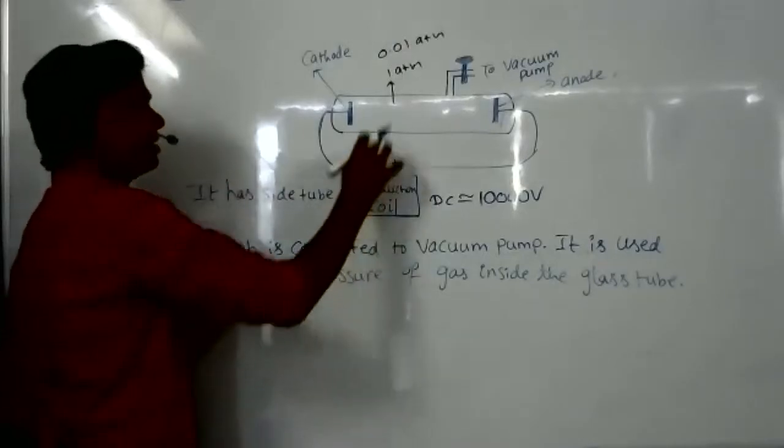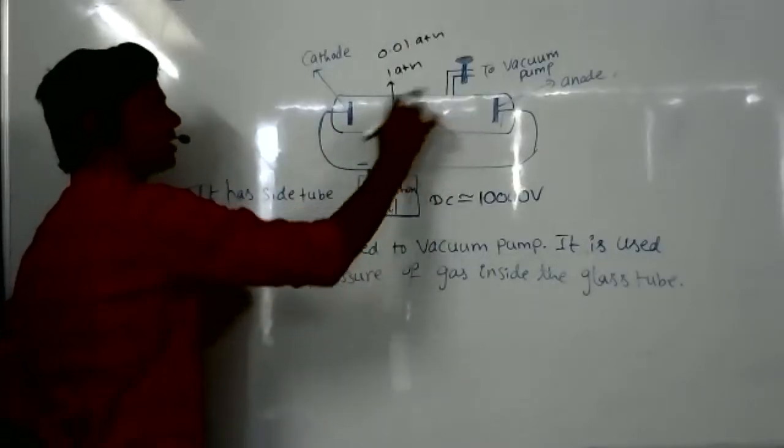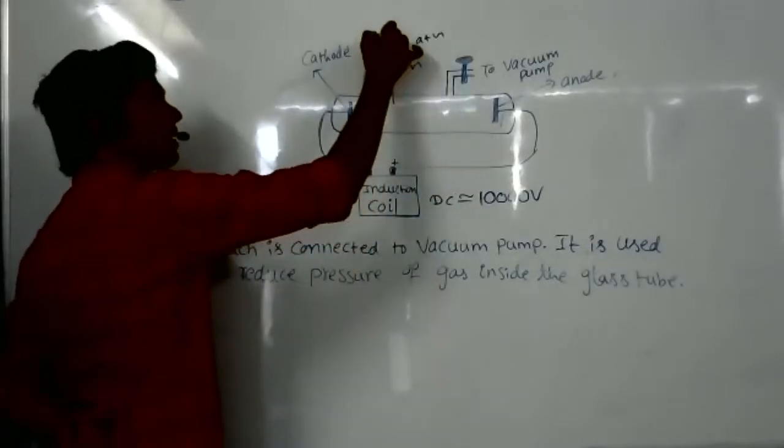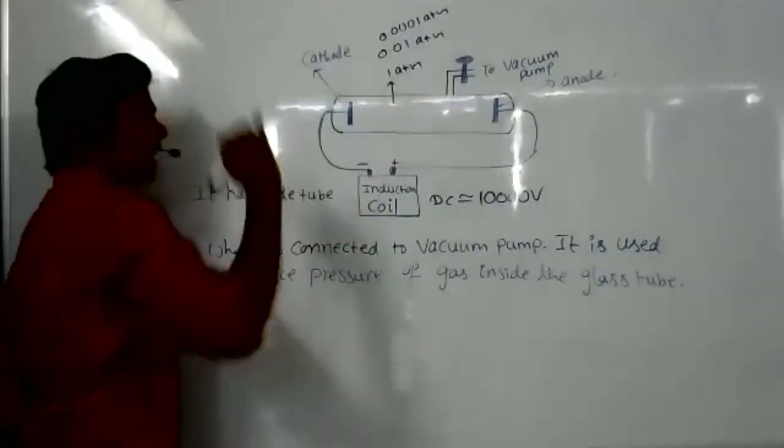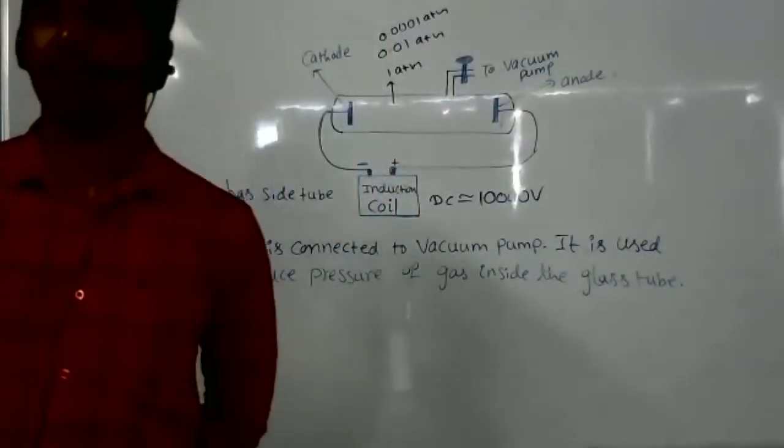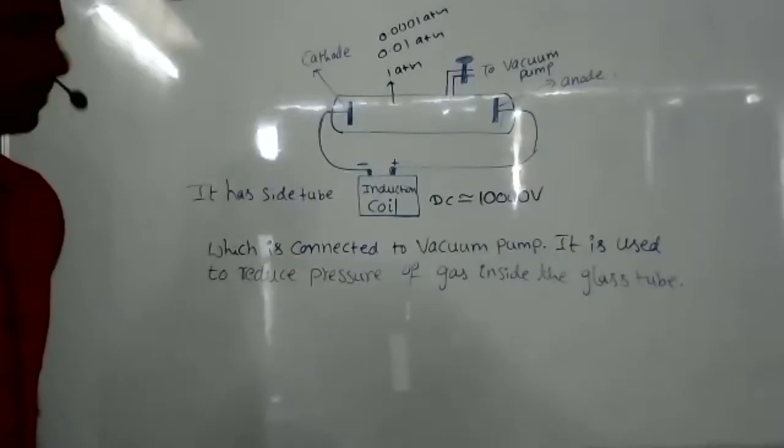Through gas also electricity passes. Suppose pressure is decreased further, then also electricity flows between the electrodes. So those points you have to write now.